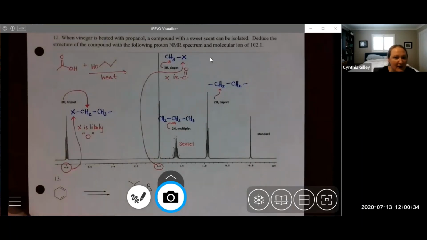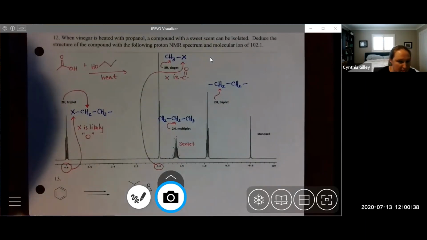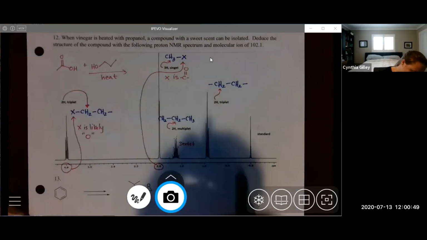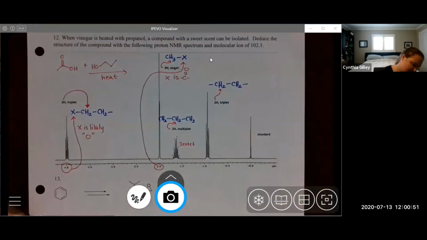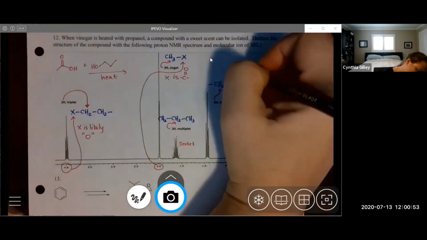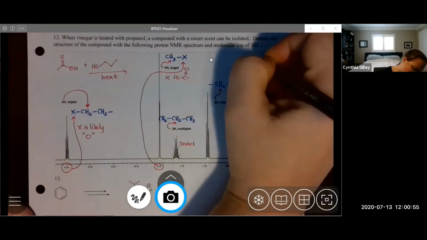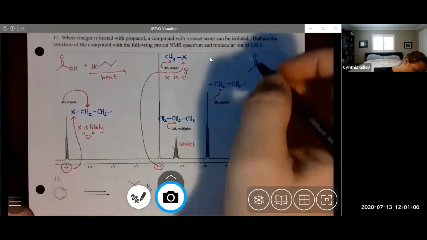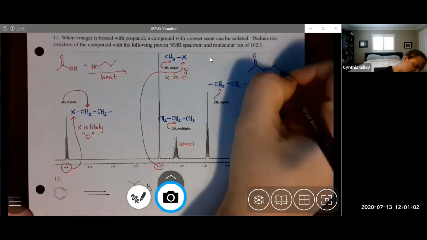I know what the product is. This should be 3 hydrogen. Because when we put all of this together, we're going to have something like this.